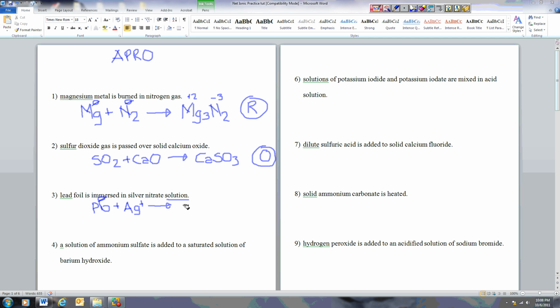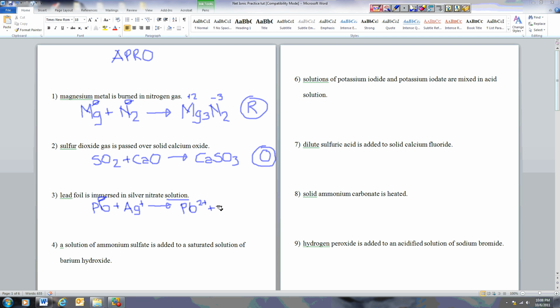So which one of these will be oxidized? Well, you really don't have many choices, because silver cannot become more positive, and lead definitely can't become any more negative. So that means the lead has to be oxidized and silver has to be reduced. So that's what I'm going to do. Put lead at its next possible charge. Now lead can be positive 2 or positive 4. I'm going to go with 2.